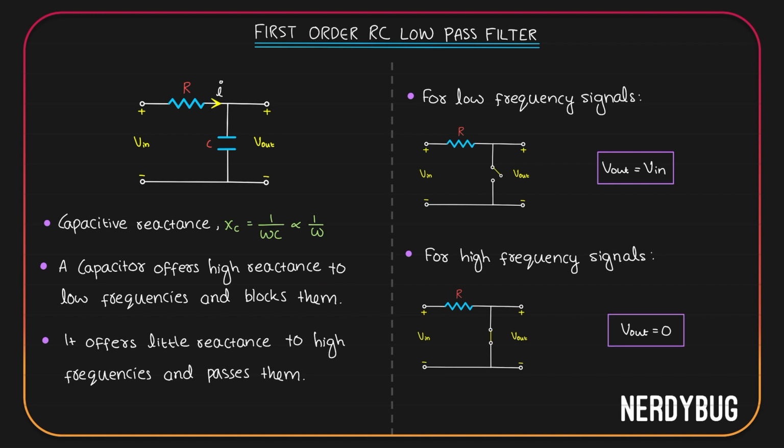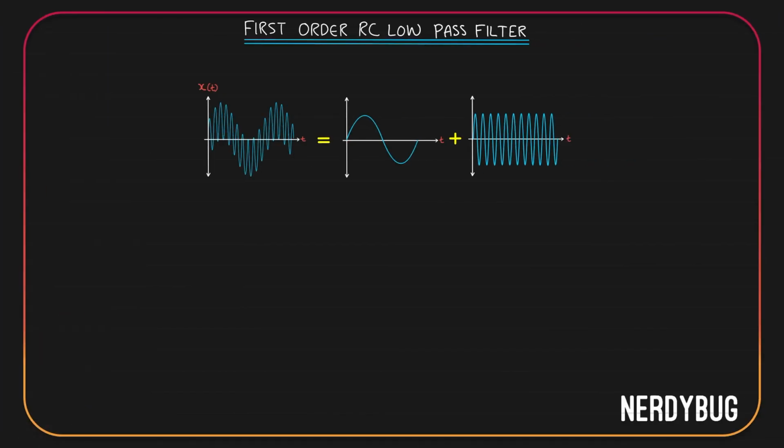Let us see. When the input signal has low frequency, input is coming at the output. When it has high frequency, the output is 0. So low pass filter blocks high frequency signals and it lets the low frequency ones pass through it. Let us take the periodic signal x of t again. It is the sum of a low frequency sinusoid and a high frequency sinusoid.